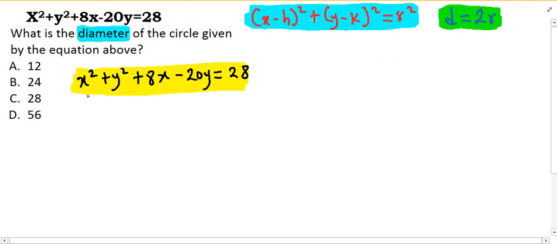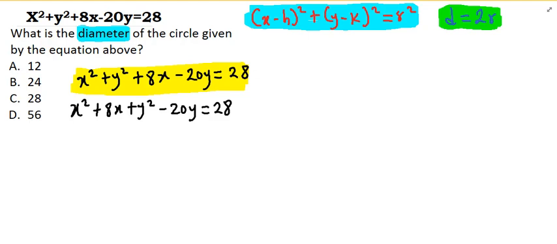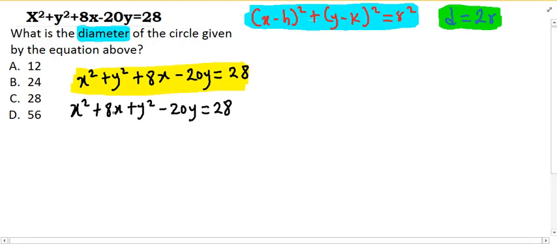Okay, so let's start combining the x. So x squared plus 8x, then plus y squared, and then minus 20y equal to 28. So what does completing the square require us to do? It requires us to divide this term by 2 and square it.